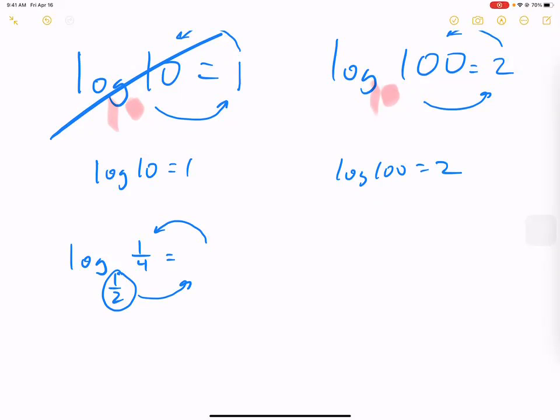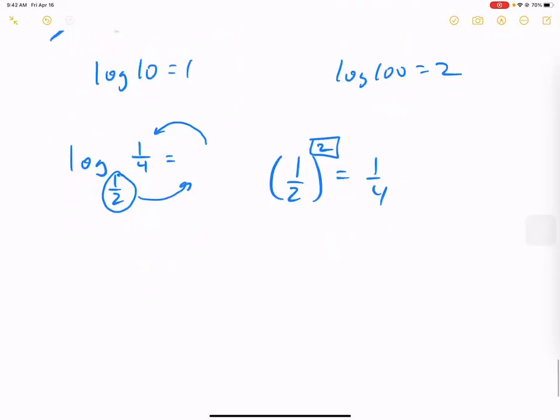How many times do I have to multiply 1/2 by itself to end up with 1/4? Got it. 2. 1/2 squared is equal to 1 over 4. That's right, our exponent would have to be 2. Good job. Say you didn't know that. Fine.